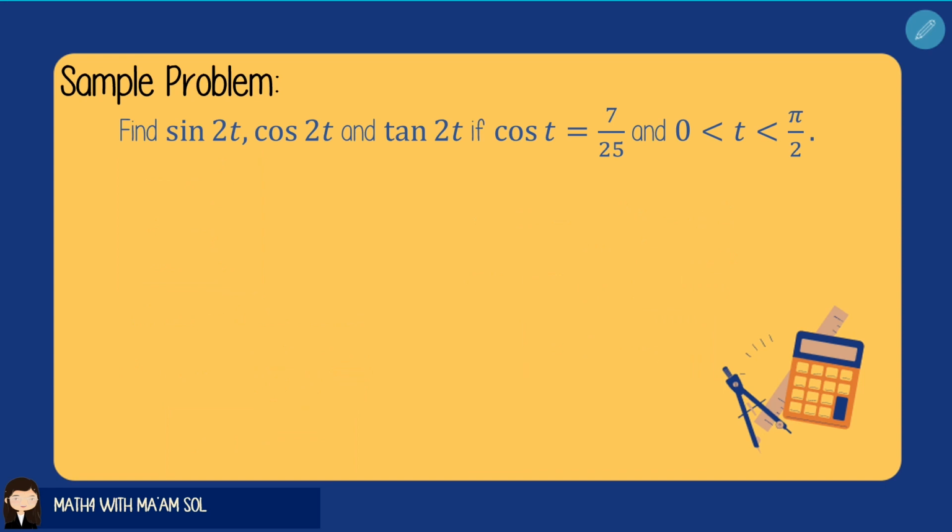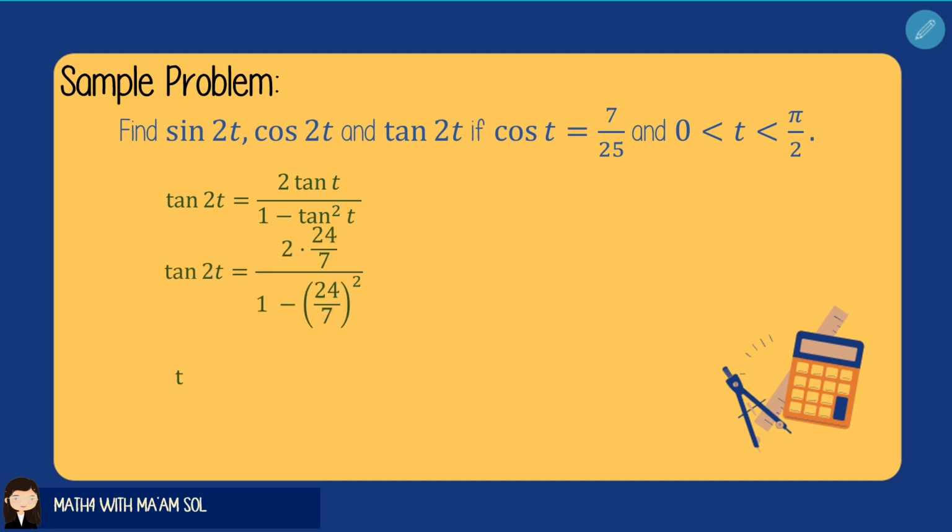Let's also solve for tangent 2t. So we know that tangent 2t is equal to 2 tangent t all over 1 minus tangent squared t. So plugging in the values, we have tangent 2t is equal to 2 times 24 over 7 all over 1 minus the square of 24 over 7. So we simplify that and we get tangent 2t is equal to 48 over 7 all over 1 minus 576 over 49.